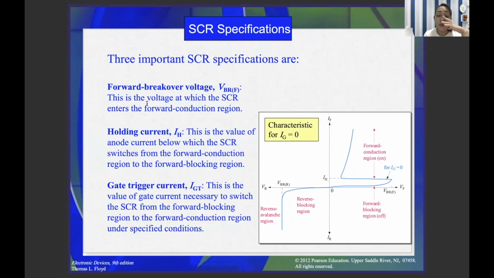Three important SCR specifications are the forward breakover voltage, or the supply across the anode to cathode; the holding current, which we need to exceed for it to switch to conduction mode; and the gate triggering current, which we apply at the gate terminal to trigger the SCR faster than the time it takes for the breakover voltage to switch it on.